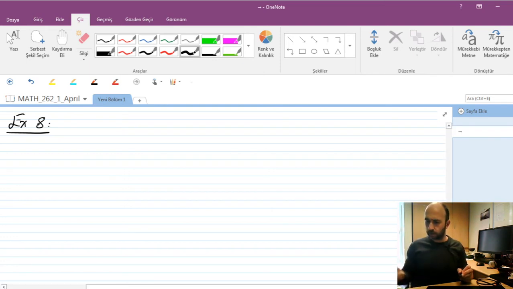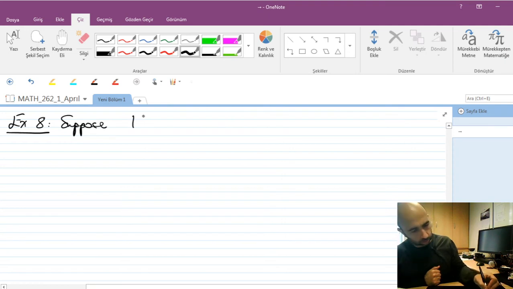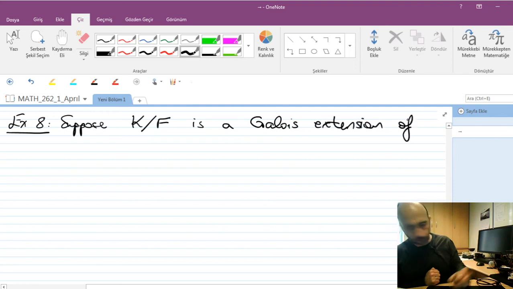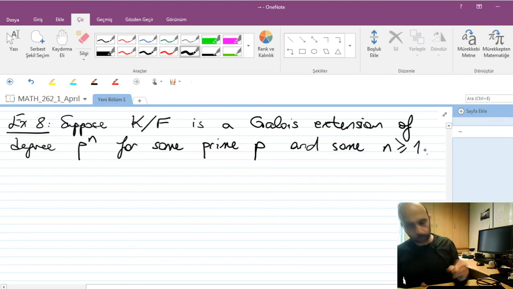The question is this: suppose K over F is a Galois extension of degree p to the n for some prime p and some n at least 1.